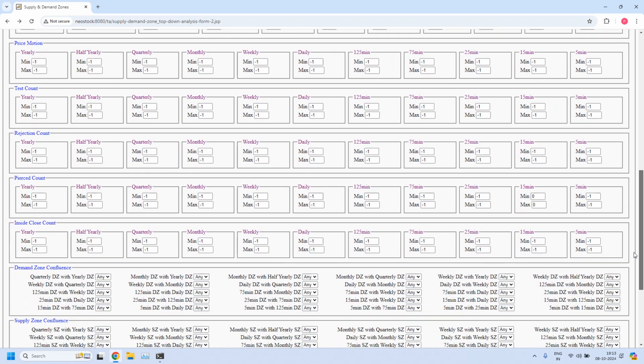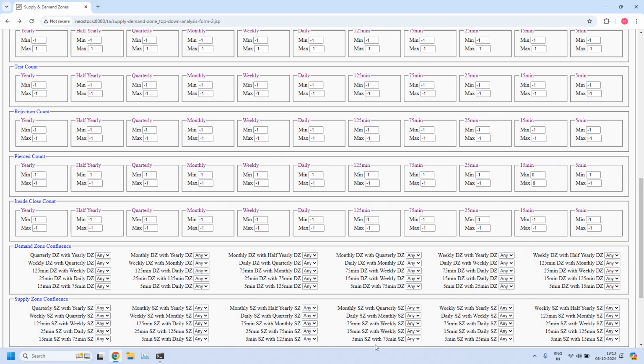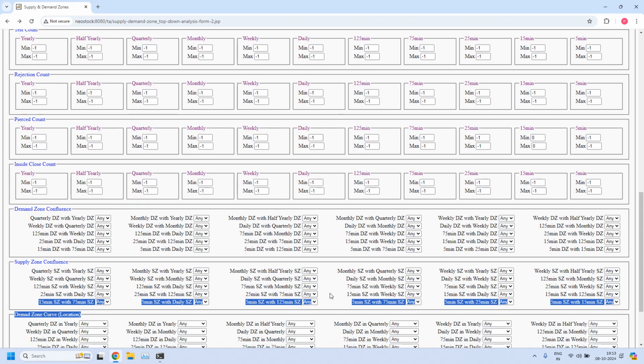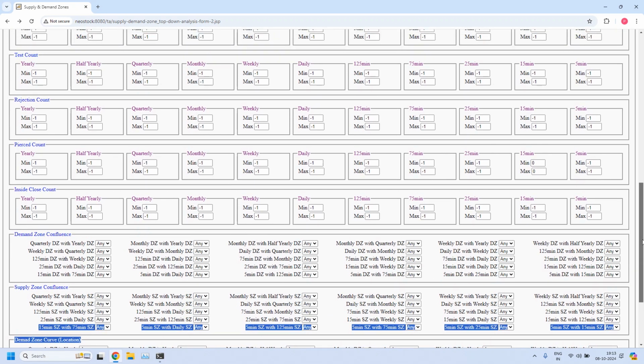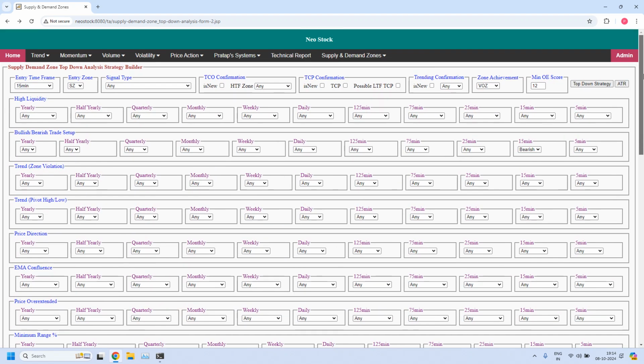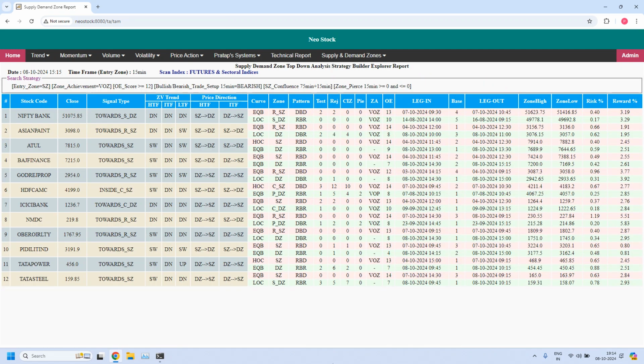In the supply zone confluence, this is the filter. 15 minute supply zone with 75 minute supply zone filter I am enabling. Let's verify. 12 stocks. All these 12 stocks are having a ITF confluence. That means 15 minute zone is part of 75 minute zone, supply zone.